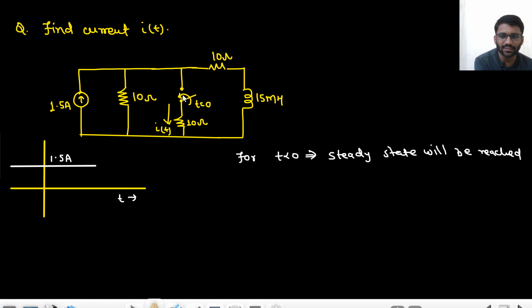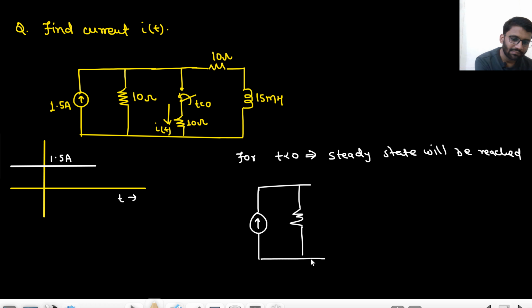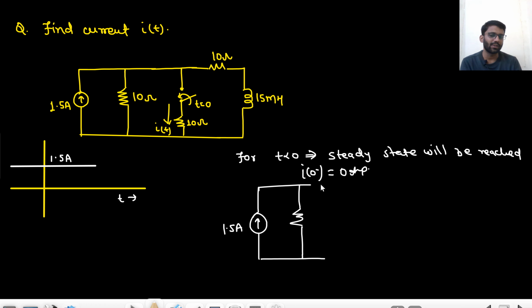So basically this is not there because the switch is open and this is there. So basically 1.5 ampere. Look, I of 0 minus would be 0 ampere only because the switch is open. For t less than 0, the switch is open, so I of 0 minus would be 0 ampere only. Then why are we making the circuit?